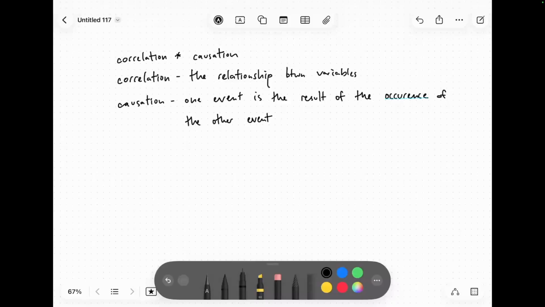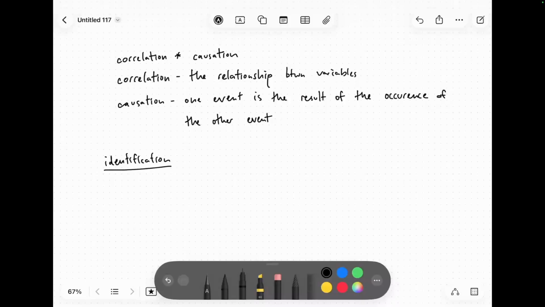So we haven't really done any causal inference in this class so far. And causality can be a difficult thing to prove. And we're going to walk through a number of examples to help demonstrate this. In general, the idea that you can demonstrate causation is through something known as identification.